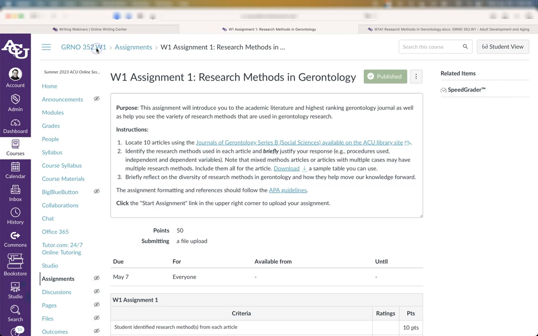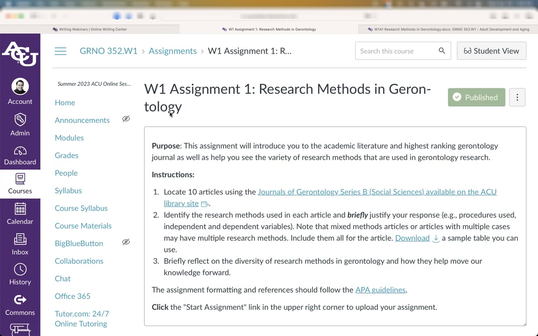So the assignment that we're looking at today is the Research Methods in Gerontology class from GRNO 352. And if we look at the instructions here, it says, okay, this assignment will introduce you to the academic literature and highest ranking gerontology journal, as well as help you see the variety of research methods that are used in gerontology research.